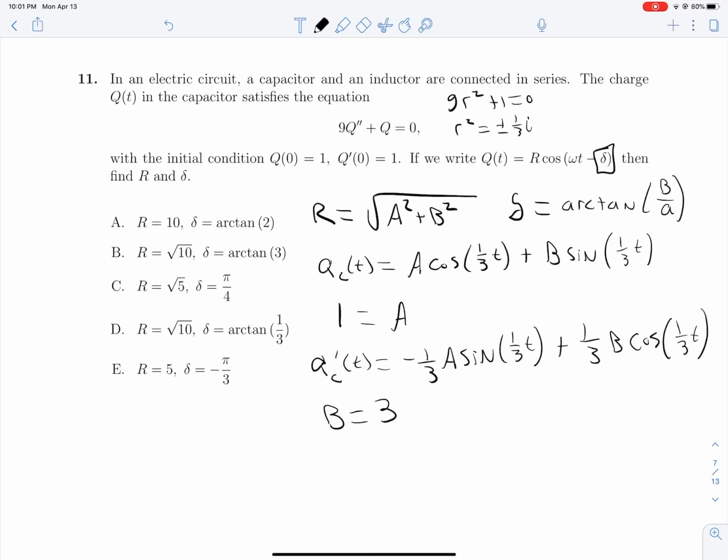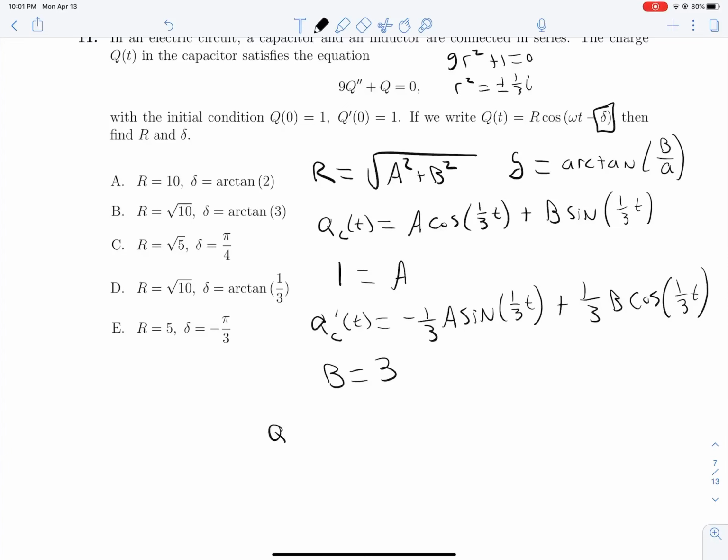And as a result, we can go back up and rewrite our Qc of t, which is really just Q of t, because we're not dealing with any kind of forcing term on our right-hand side. This will be cosine 1/3 t plus 3 sine 1/3 t.